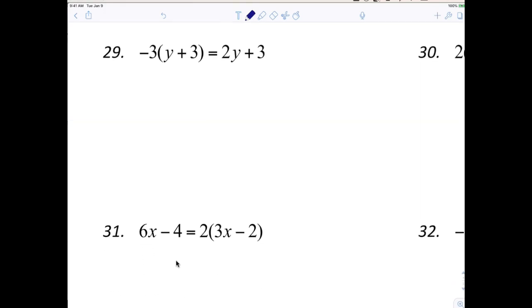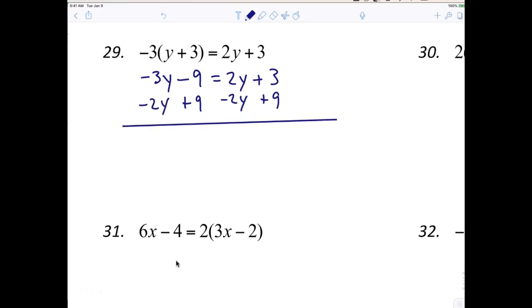Yosef, I want you to do 29 for me. Good job. Very good. All right, come on, buddy. I'll be happy with you if you get this done now.